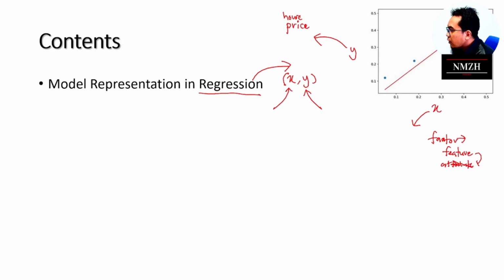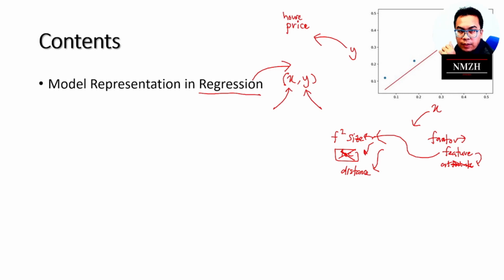So what are the features for estimating the house price? We need the house size, the location, for example. Location doesn't mean a numerical value, right? Size means, for example, square feet, and another one could be the distance from the capital or from the city. That would be considered a feature, right?